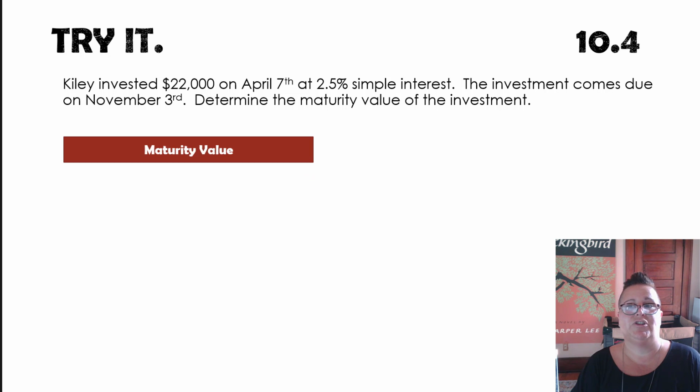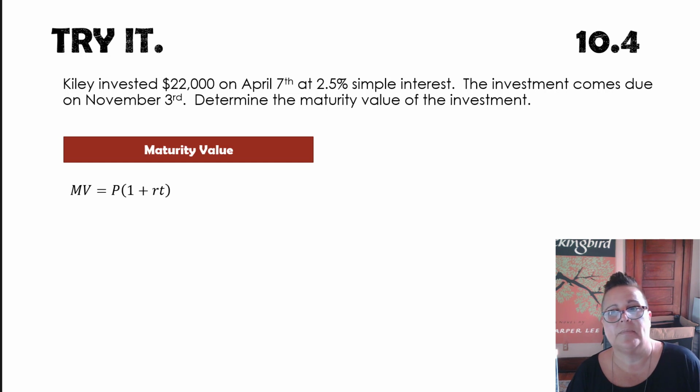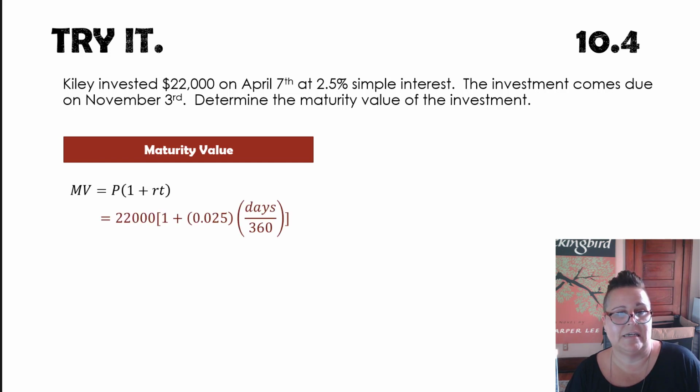So jumping to the maturity value, we know the maturity value is the principal times 1 plus the rate times time. Putting in the numbers I have, my principal is 22,000. My rate is 0.025. The time is days out of 360. I don't know how many days.